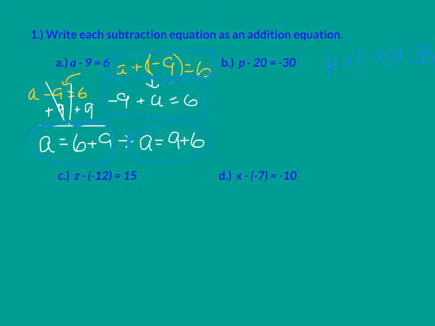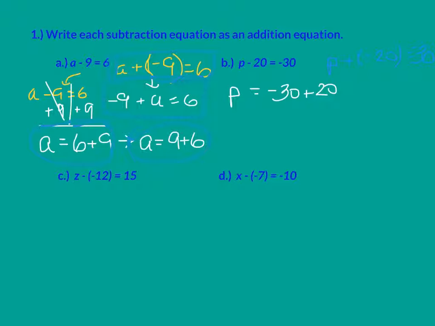Then I know when I do the opposite of minus 20, that's plus 20, and I would move that to the other side. So that would be P equals negative 30 plus 20, because that's the opposite.